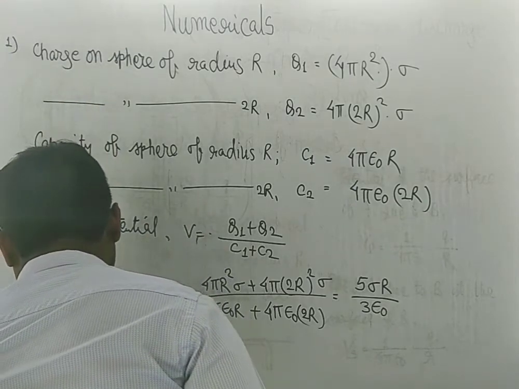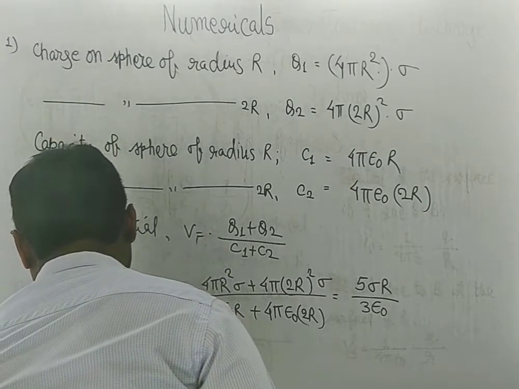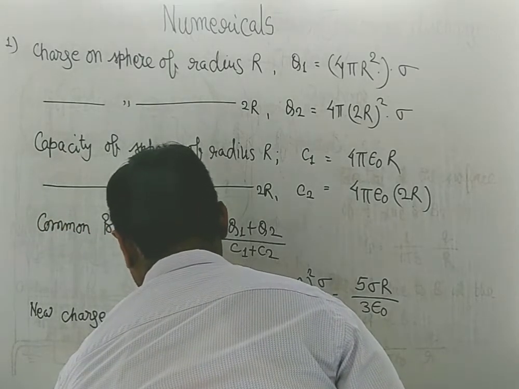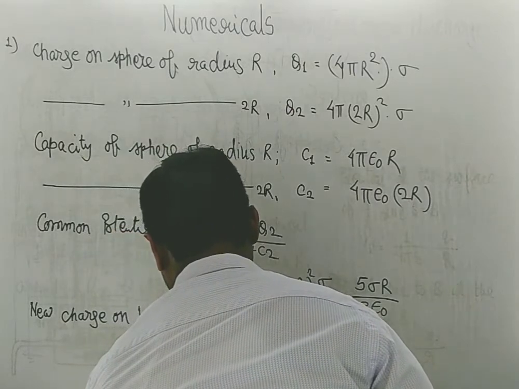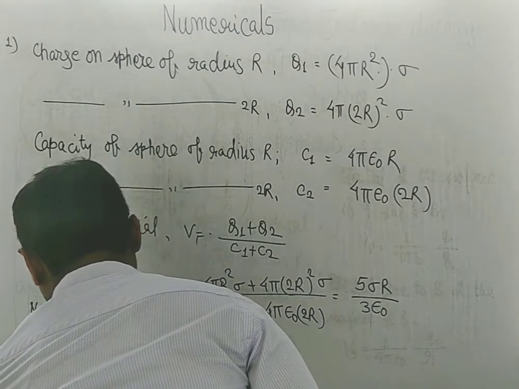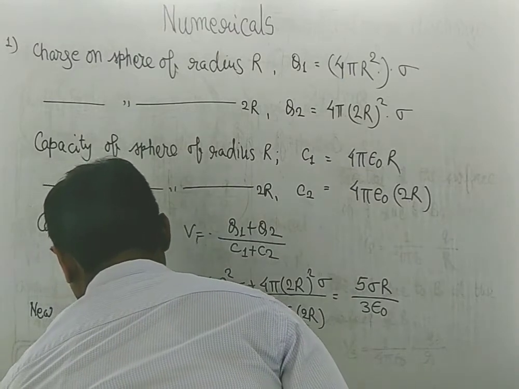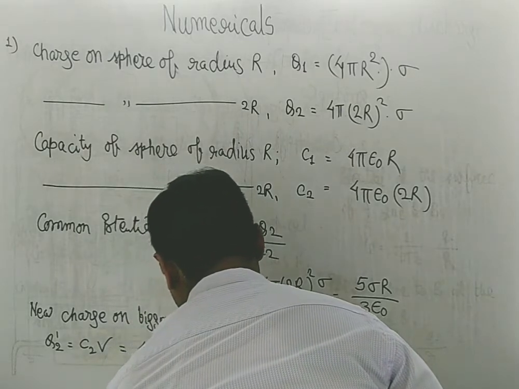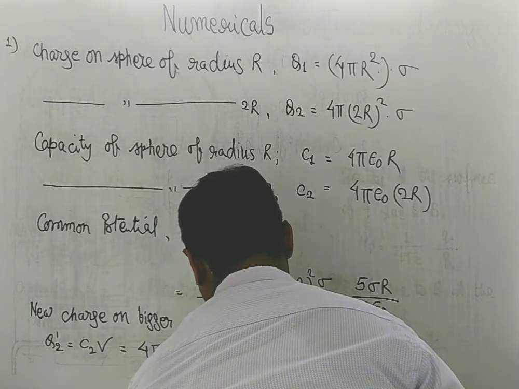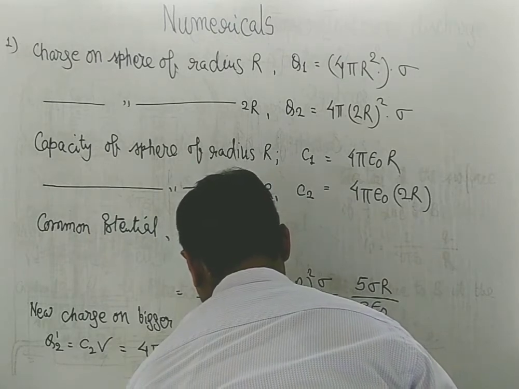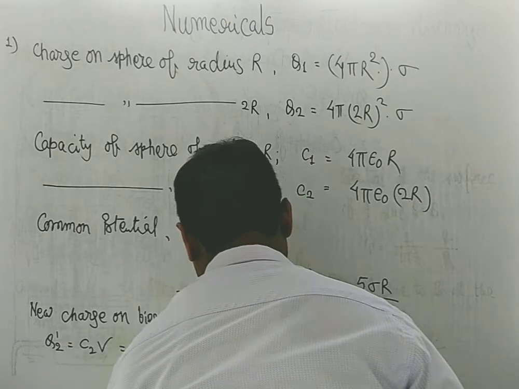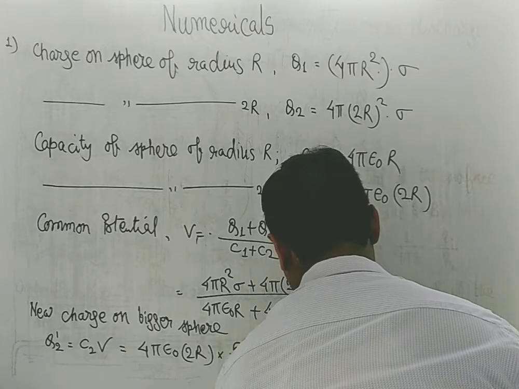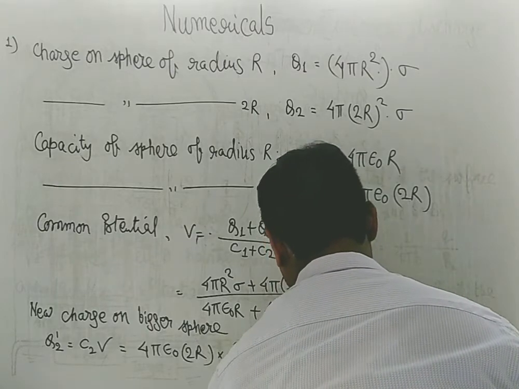So the new charge on the bigger sphere, let me call this Q2 dash, is equal to C2 into V, and this is 4 pi epsilon naught into 2R into 5 sigma R upon 3 epsilon naught, which equals 40 pi sigma R square upon 3.